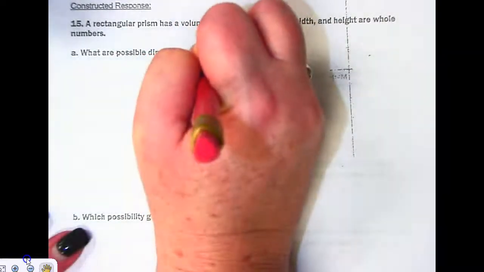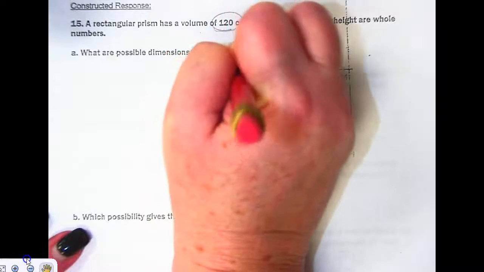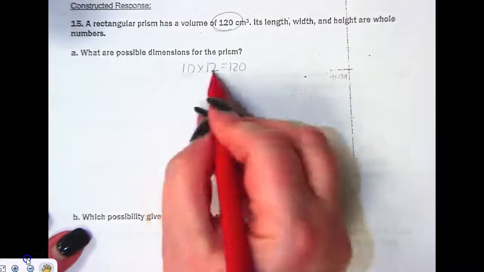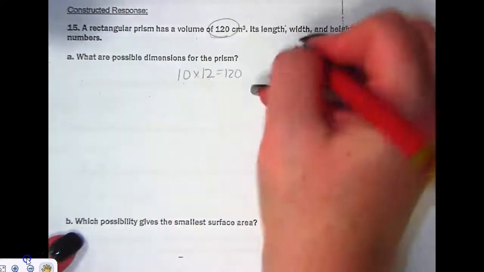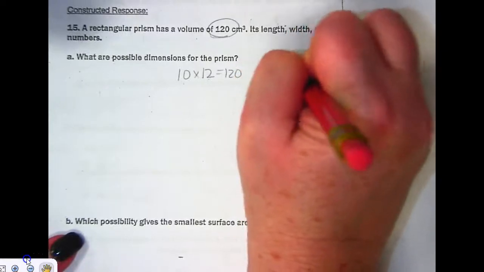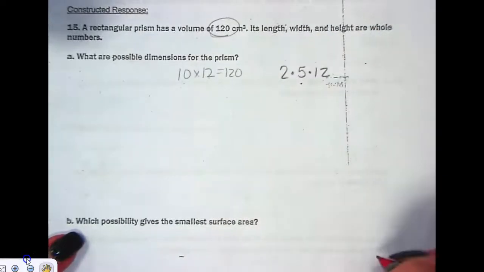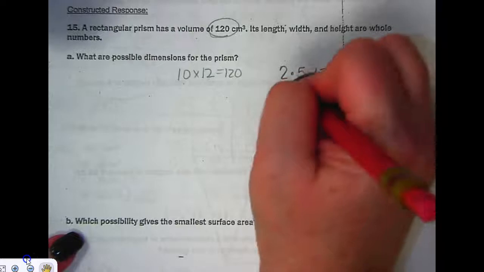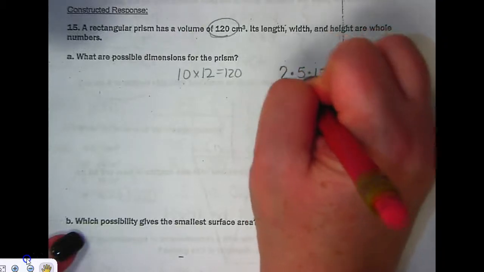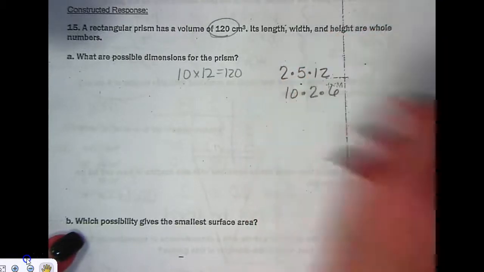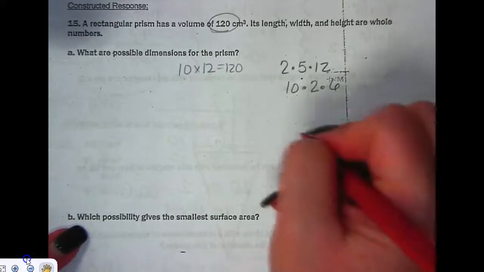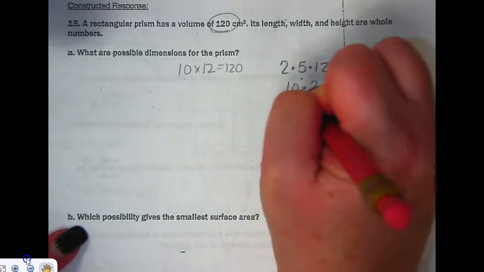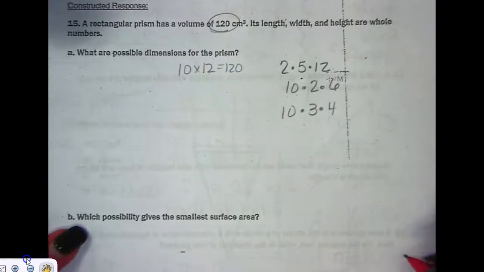Well, mental math tells me that 10 times 12 is 120. So then I can break one of these apart into factors. So I could say 2 times 5 times 12. Or I could say 10 times 2 times 6. Or I could say 10 times 3 times 4.